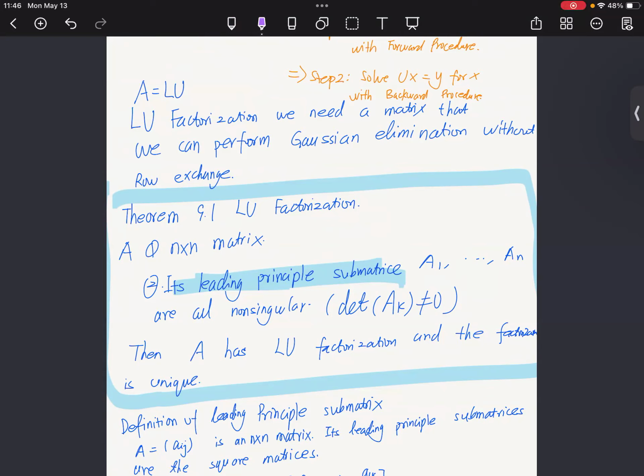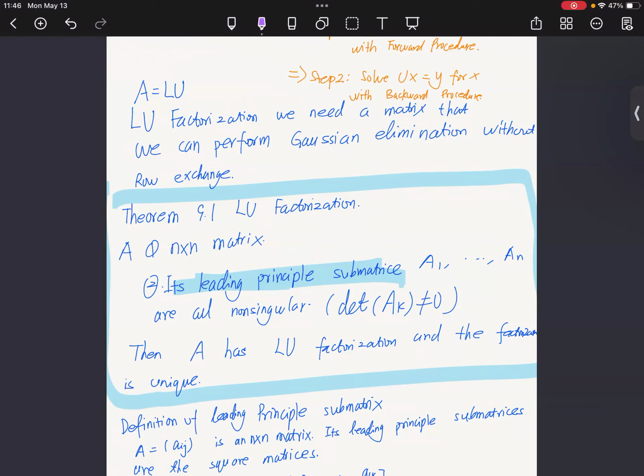Now, one more thing I want to mention about the LU factorizations. This is a very special case we have. The intuitive sense of all these theorems and this corollary is about Gaussian elimination without row exchange. But what happens if we need to do some row exchange?